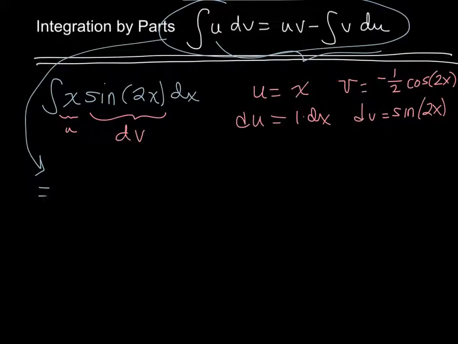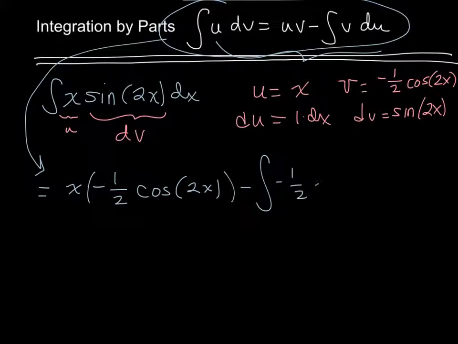So this is going to equal my u, which is x, times my v, which is negative 1/2 cosine 2x, minus my integral of v, which is negative 1/2 cosine 2x, my du, which is simply just 1 dx.